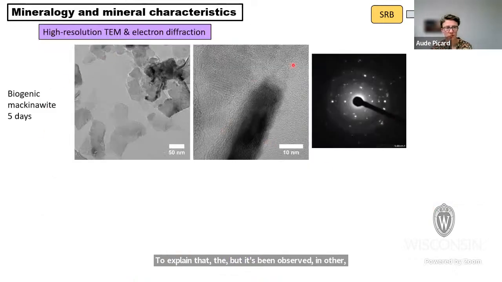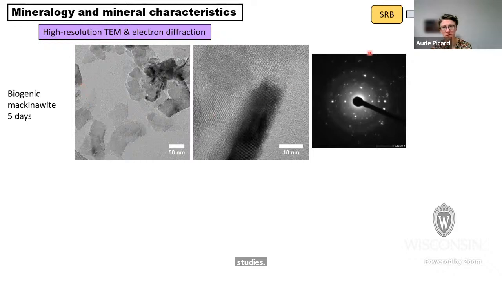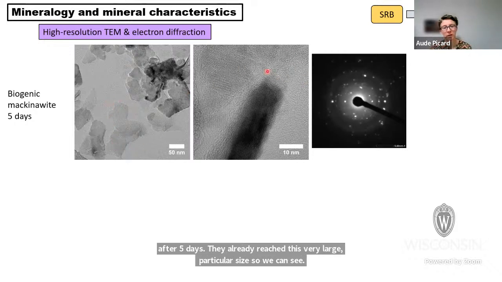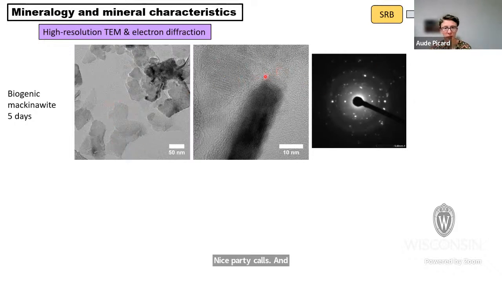So then I started trying to do some higher resolution work more recently. So we know they're more crystalline. So this is a biogenic mackinawite produced in a culture grown with iron after 5 days. They already reached this very large particle size. So we can see nice particles, and they're all really crystalline. You can probably see those parallel lines.